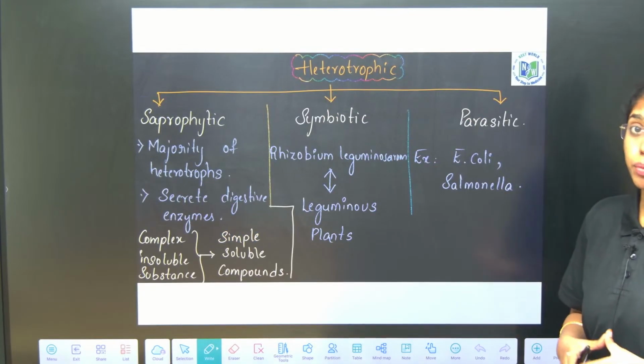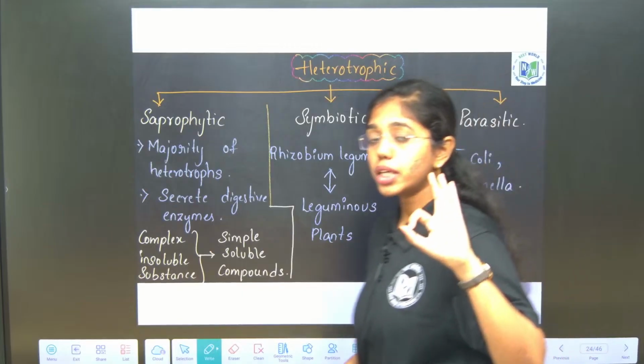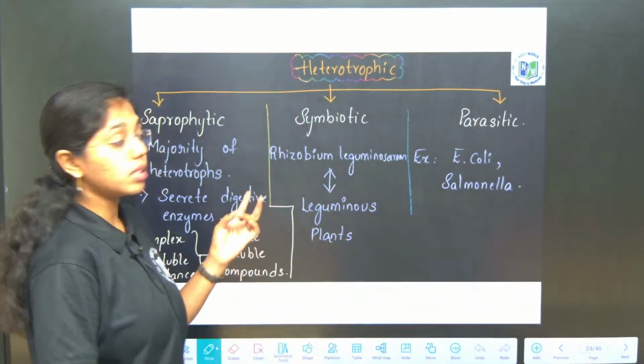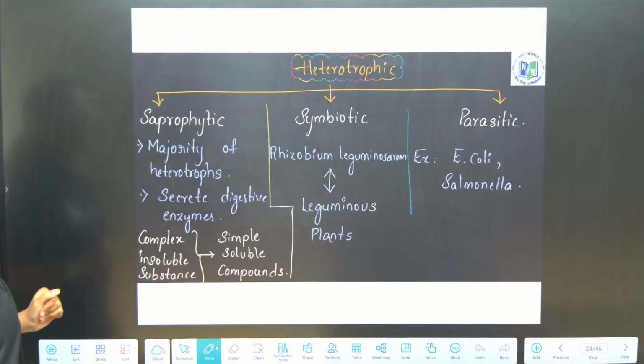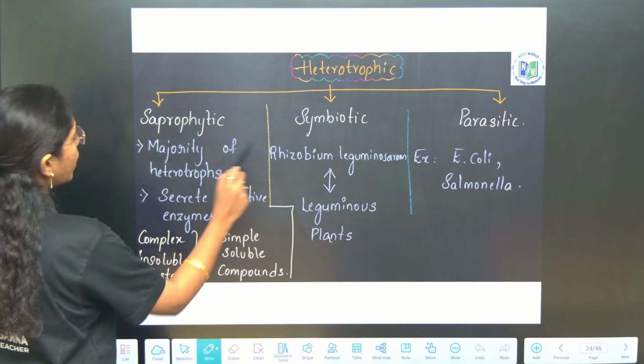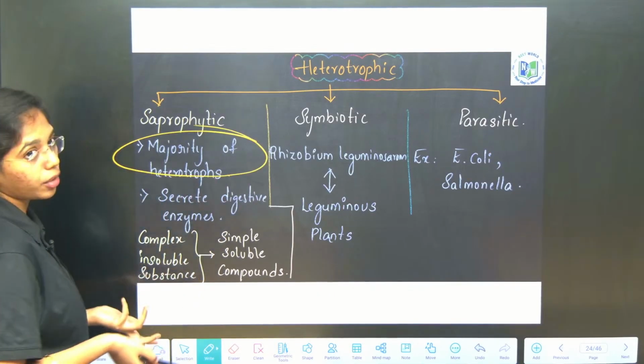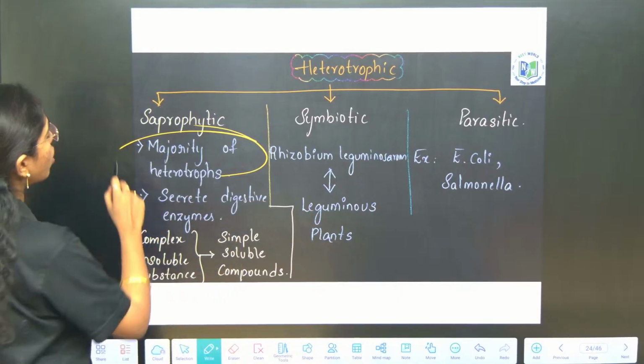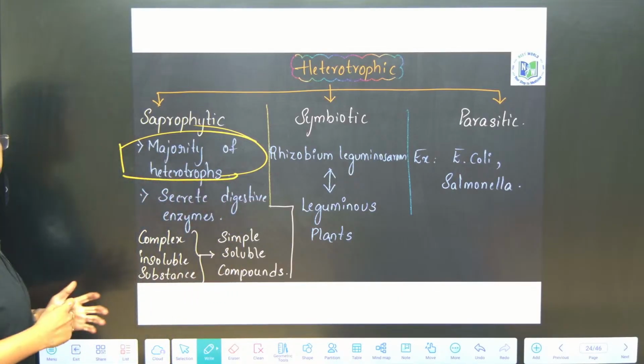Now, heterotrophic mode of nutrition. We have three modes here: saprophytic, symbiotic and parasitic. Saprophytic mode of nutrition, here majority of them are what? Heterotrophs. Majority of heterotrophs will conduct saprophytic mode of nutrition only.